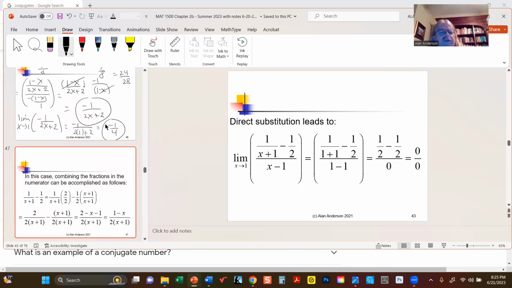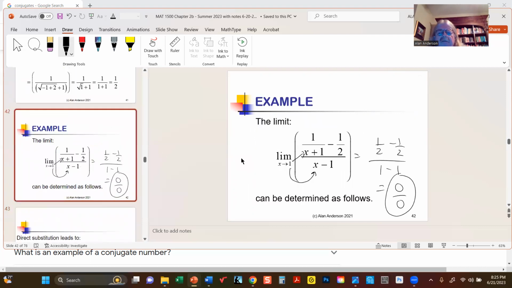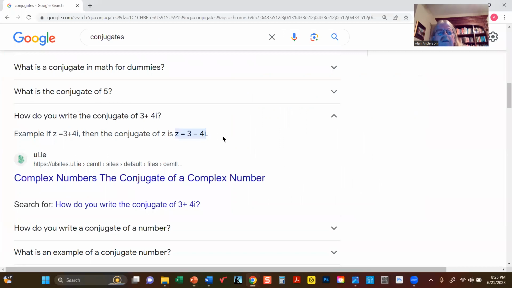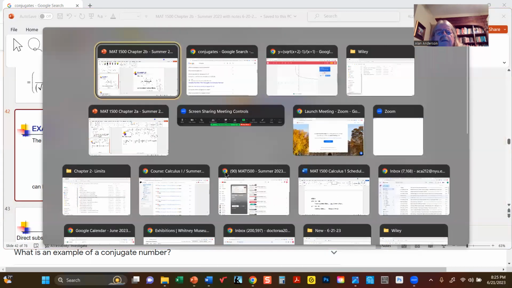Now, I am pretty sure that Symbolab is capable of doing this. In fact, why don't we give it a shot? I want to see how it reacts to this.